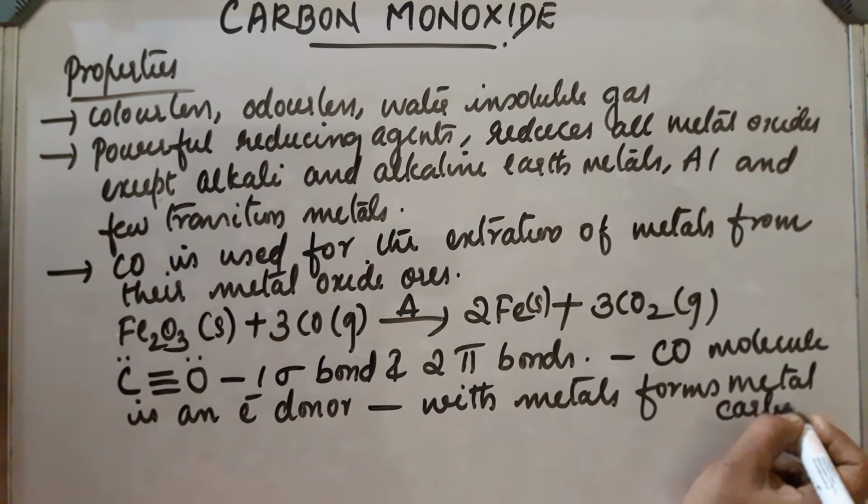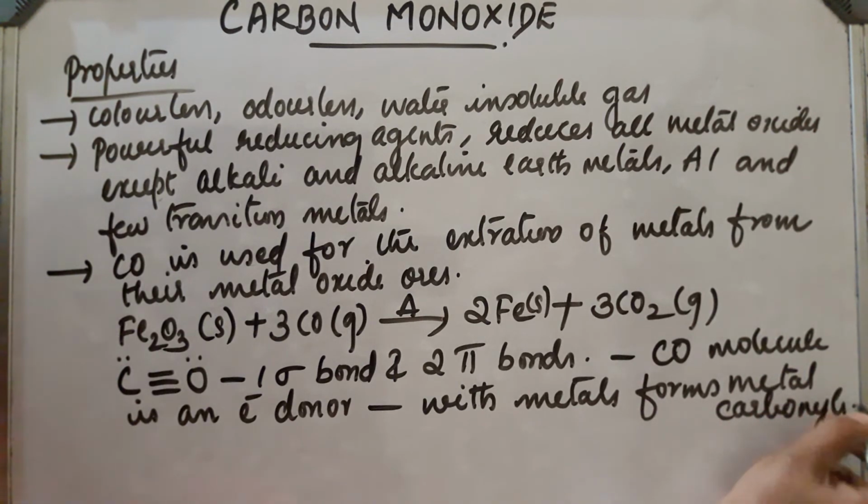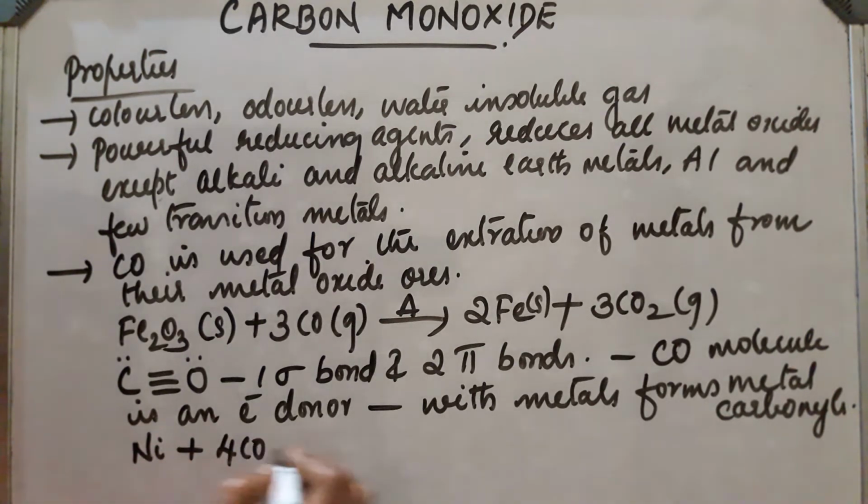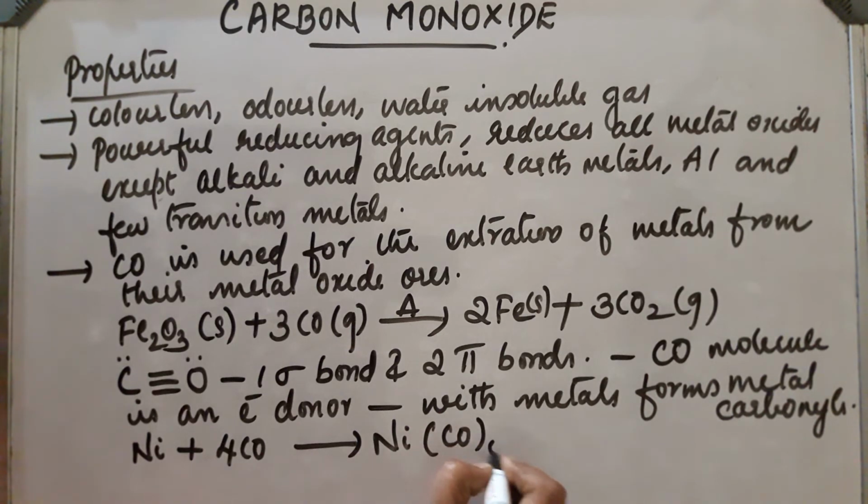For example, transition metals like nickel, iron, etc. form metal carbonyls. That is, nickel with carbon monoxide gets converted into nickel carbonyl.